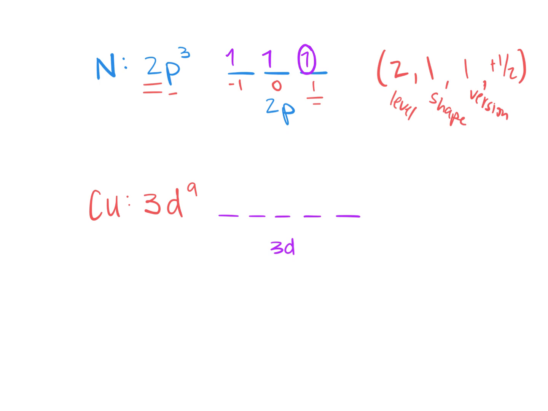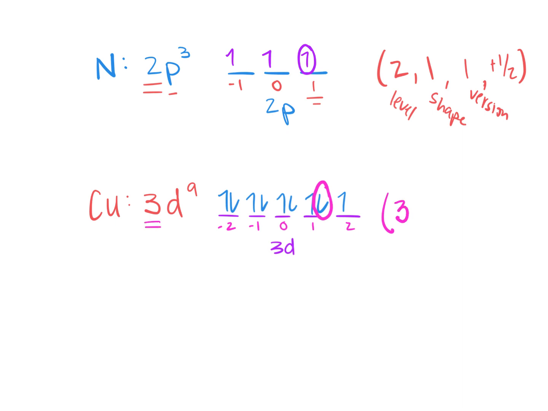Okay, so let's go ahead and put our electrons in. 1, 2, 3, 4, 5, 6, 7, 8, 9. And so I'm examining which electron? The very last one I put in, right? That's the one I'm looking at. I'm going to go ahead and label my orbitals 0, 1, 2, -1, and -2. So I've done all my prep work. Now let's go ahead and give it a quantum number. Okay, what will its main energy level be? 3, because it's in 3D.